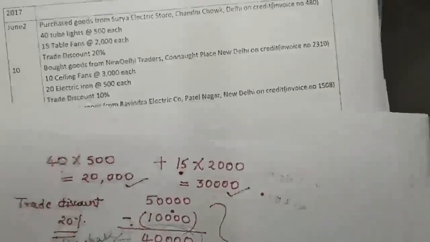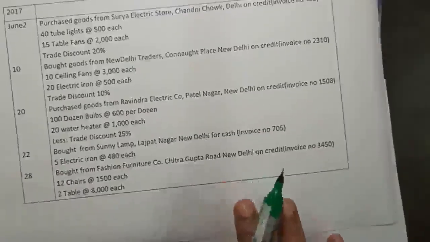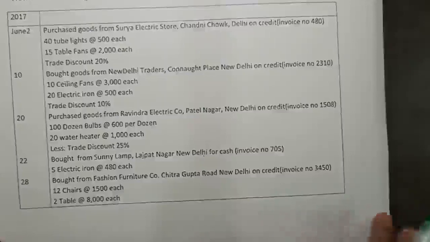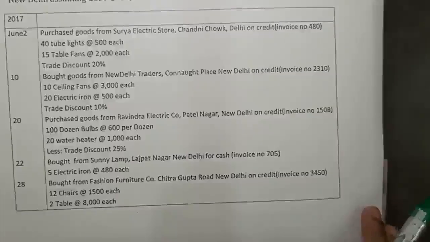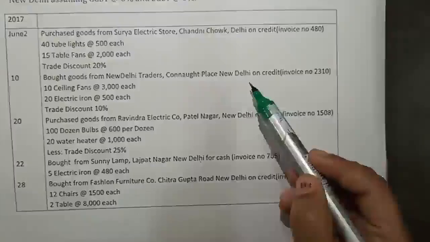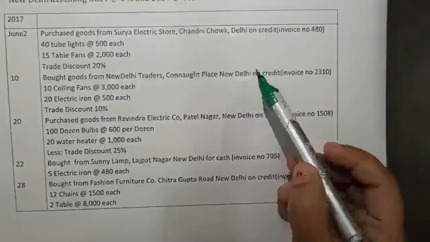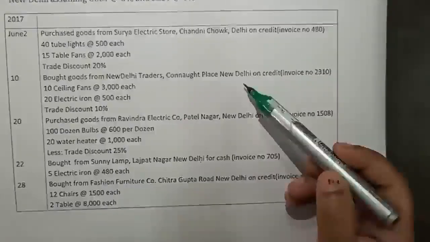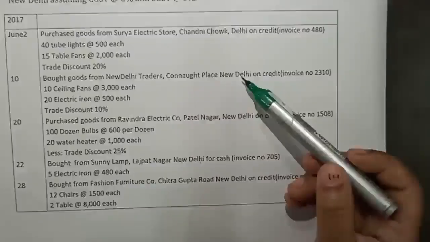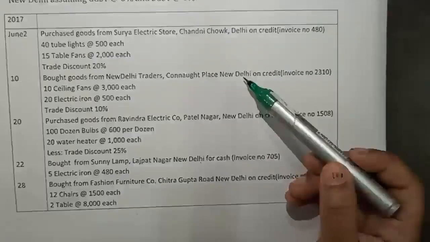Now, the next one we have, bought the goods from New Delhi Traders, Connaught Place, New Delhi, on credit. Now, here again Connaught Place, New Delhi, the buyer and the seller belonging to the same place. So, we will have the CGST and the SGST.